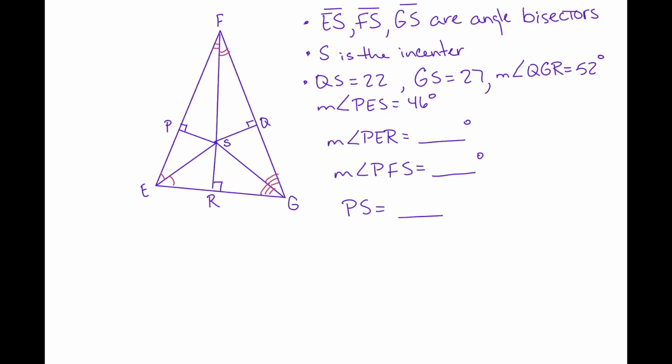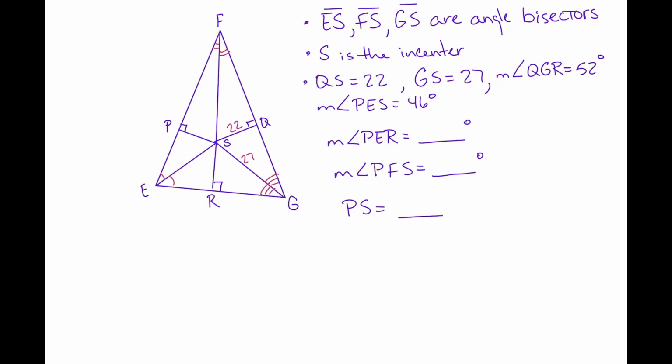All right, and then it says S is the incenter. If you remember, the incenter is made with angle bisectors. So that's how we get that that's the incenter. Then it says QS is 22. Let's go ahead and mark that. QS is 22. GS is 27.